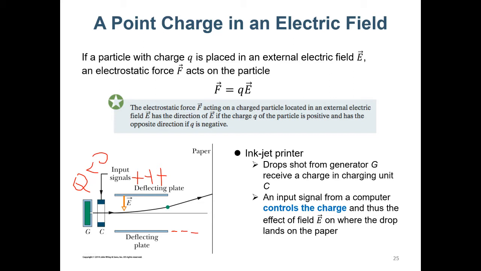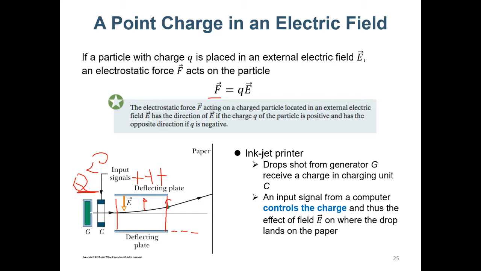And in this case, because Q is negative, the force on the charge should point in the upward direction. So within this area, the force acting on this charge should point upward.